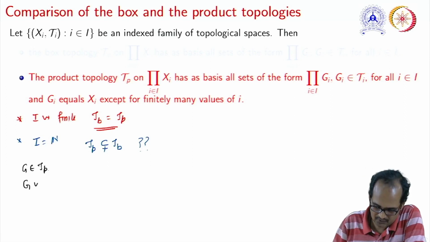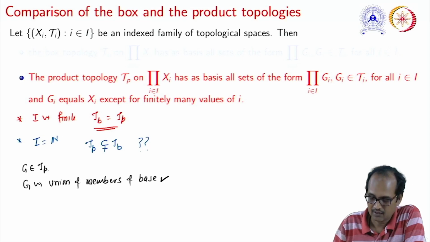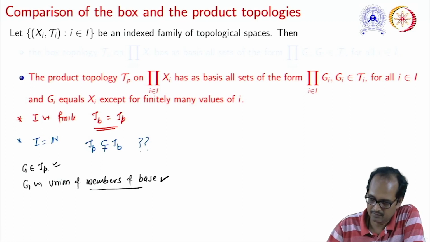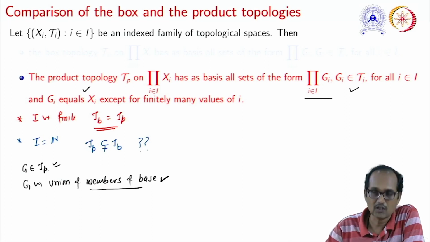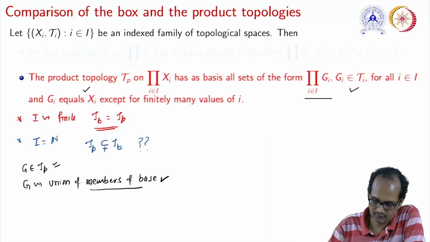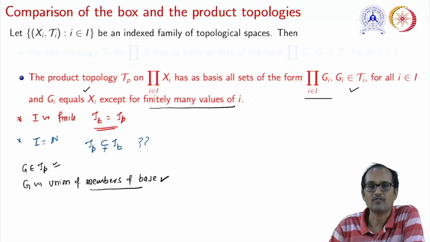G can be expressed as a union of members of the basis, and for the product topology the members of the basis look like the product of Gi, Gi belongs to tau i, with the restriction that Gi equals Xi except for finitely many values of i.